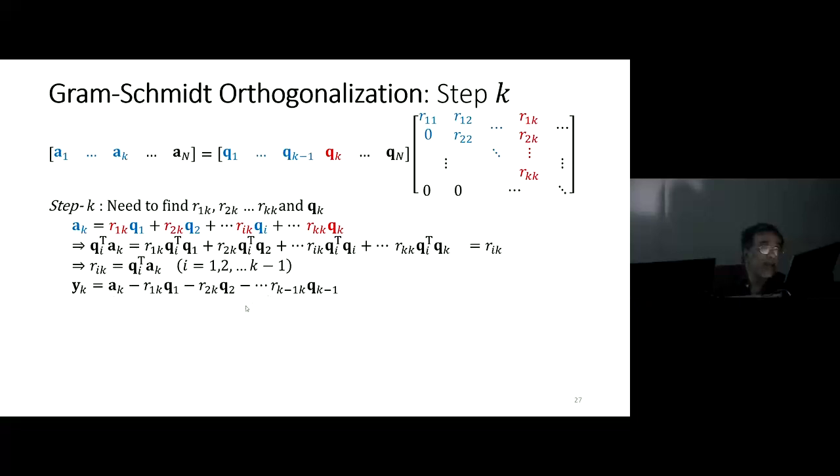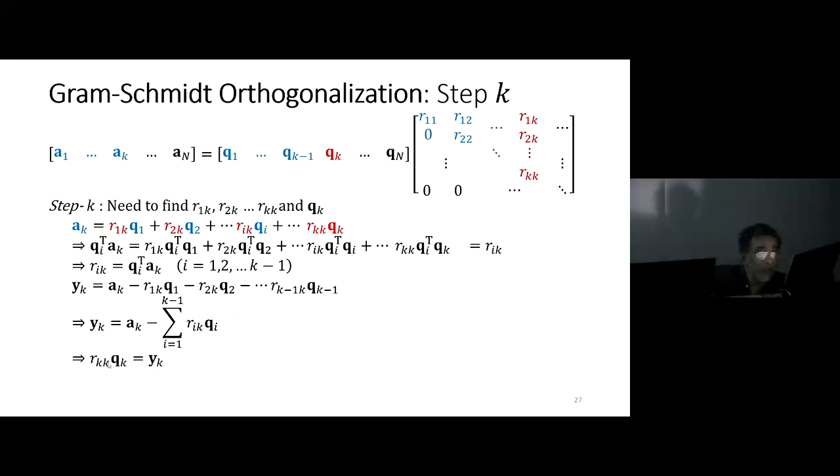Okay, this Yk is a vector along the direction of Qk. So this is my Yk. And I know from geometry that Rkk Qk is Yk.